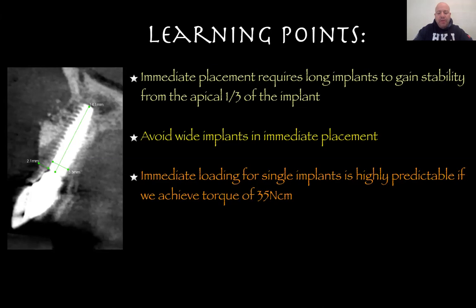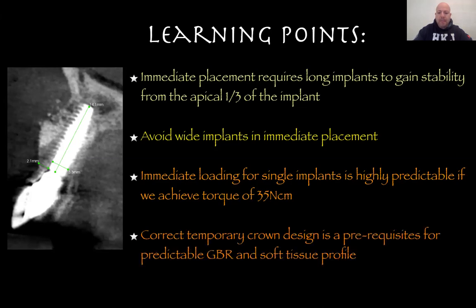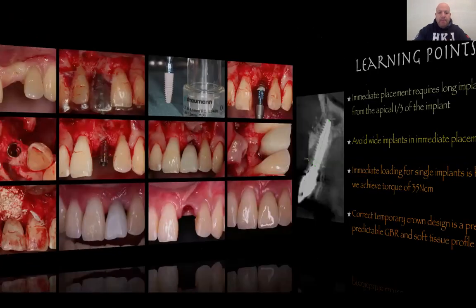There are lots of good studies and very strong evidence-based data telling us if you get 35 Newton centimeter for a single implant, you can do immediate loading with confidence. But obviously you need to design the temporary crown in the good way. Subgingival concavity is a must. And then you're going to need to create space for bone and soft tissue in that area.